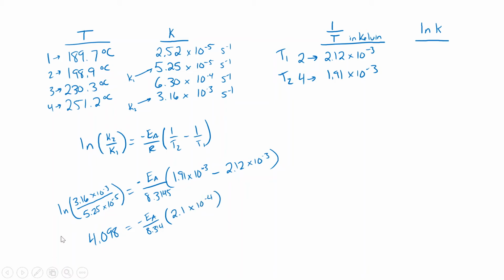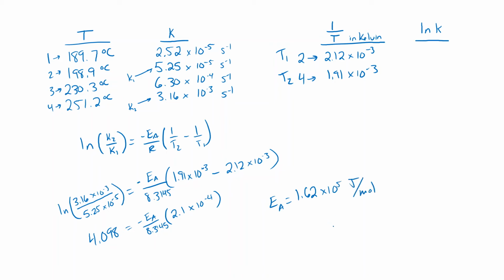And now I just need to move all this stuff over to the other side, 2.1 times 10 to the negative fourth, the negative sign and the 8.3145, to figure out my activation energy. And what I end up with is my activation energy equals 1.62 times 10 to the fifth joules per mole.